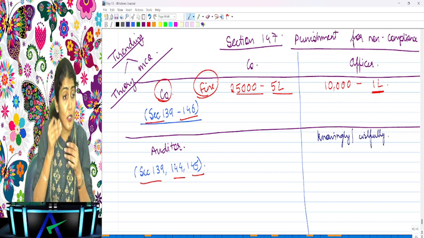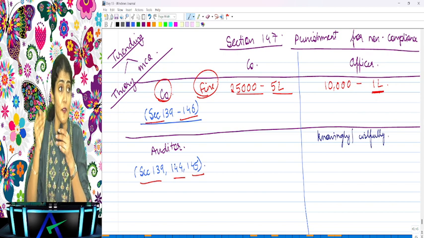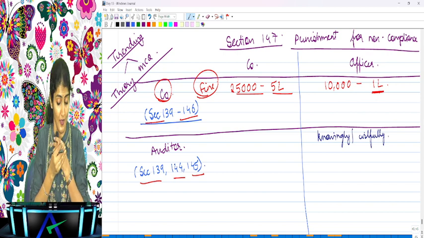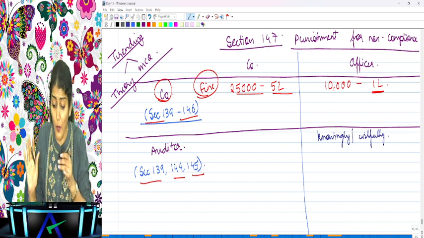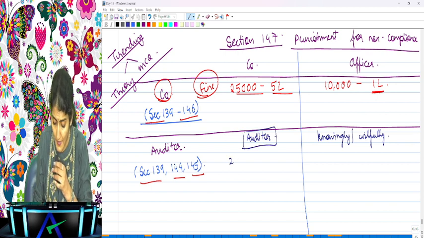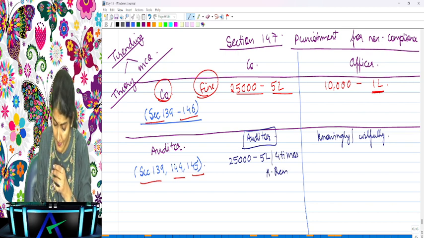You should not be doing the actuarial services. But what you did, you still did the actuarial services for the company. So one, what does it say? Unknowingly, by mistake, the auditor has not complied with these sections. Then what does it say? 25,000 or up to rupees 5 lakh or 4 times the remuneration of the auditor, whichever is less.